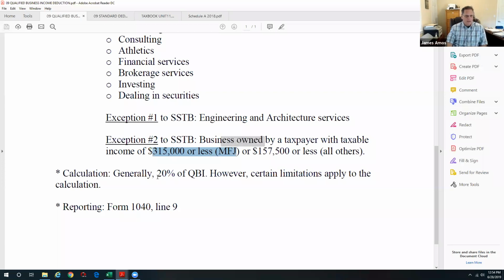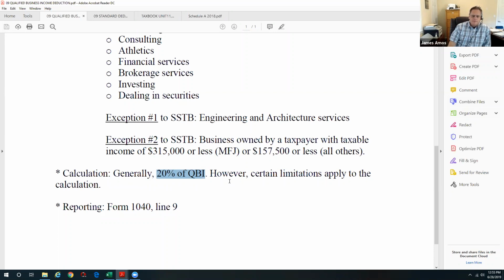So how do you calculate it? You notice nothing is as simple as it's always this way. But generally, you take 20% of your qualified business income. What is the qualified business income? The taxable income for your business.